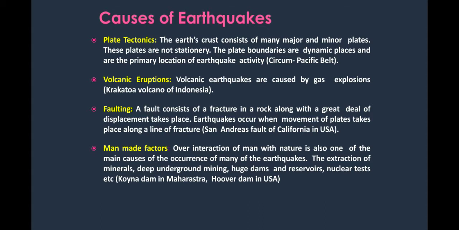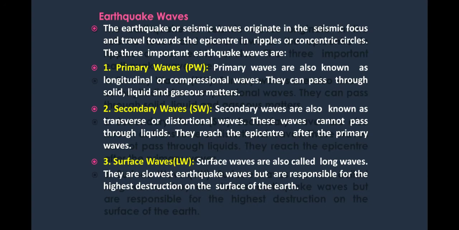Then earthquake waves. The earthquake or seismic waves originate in the seismic focus and travel towards the epicenter in ripples of concentric circles. The three important earthquake waves are primary waves, secondary waves, and surface waves. Now, if you know the names, that is enough. But what are primary waves? They are also known as longitudinal or compressional waves. They can pass through solid, liquid, and gaseous matter.